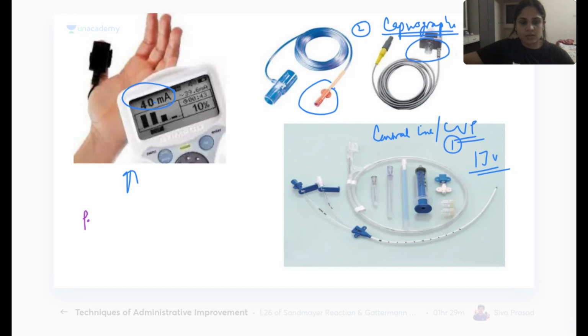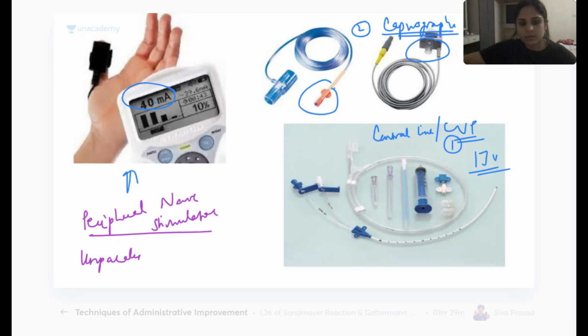So this is your peripheral nerve stimulator. It is used to check whether the action of the muscle relaxant is over or not, to check if the patient is unparalyzed or not. And the question that they ask in this is, what is the nerve that is stimulated? That is your ulnar nerve that is stimulated in the peripheral nerve stimulator.